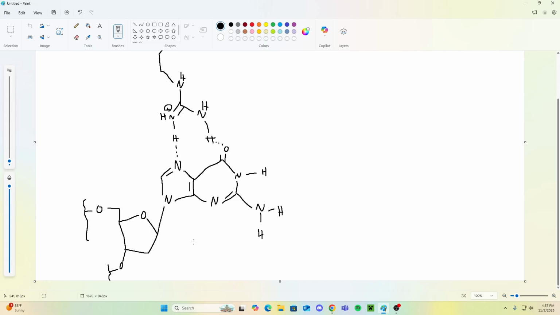But if they ever give you a question on guanine, memorizing the structure of it is very important because usually they do not give it to you on a test like this, and it is based off of memorization.